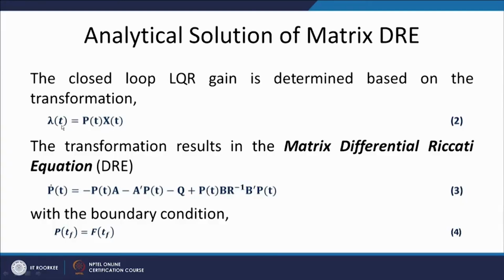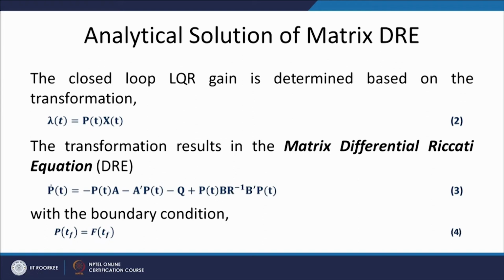The closed loop LQR gain we can determine simply using the transformation lambda(t) equal to P(t) x(t), which we have seen in the derivation of our Riccati equation. So, our transformation is lambda(t) = P(t) x(t), and my matrix differential equation I am writing as minus P dot equals P A plus A prime P minus Q minus P B R inverse B prime P, with boundary condition P(tf) equal to F(tf).